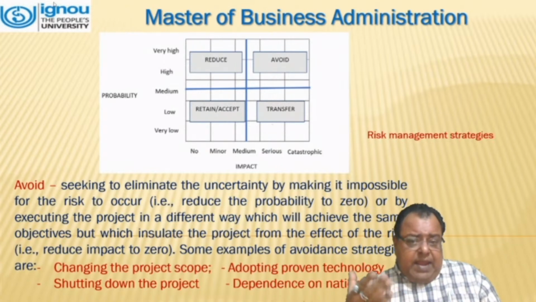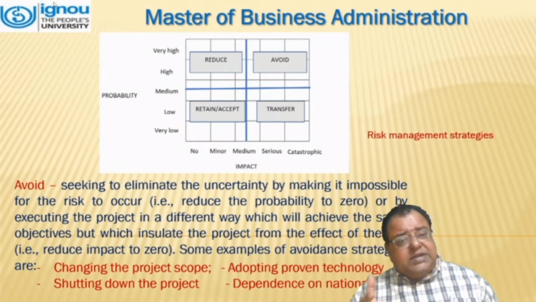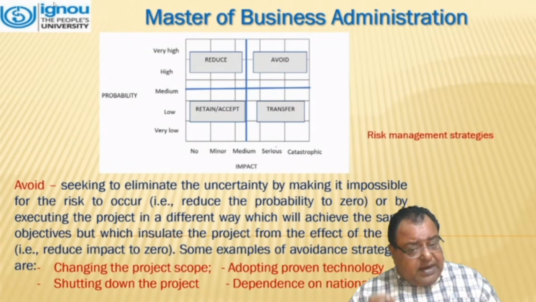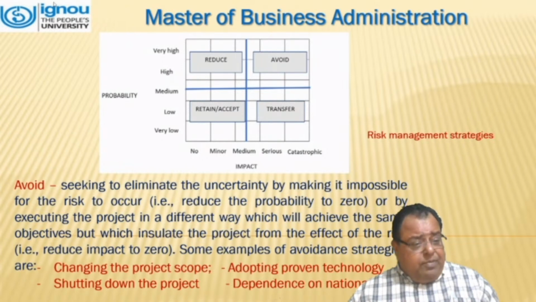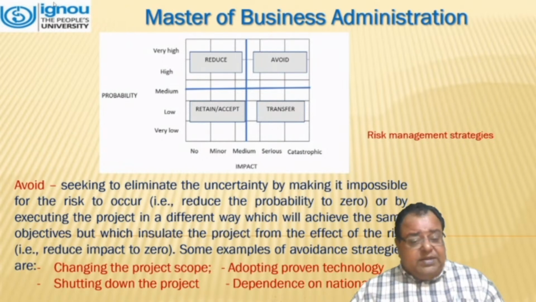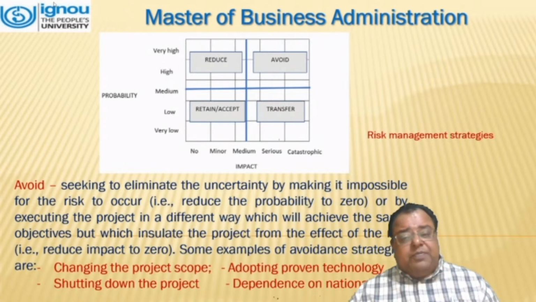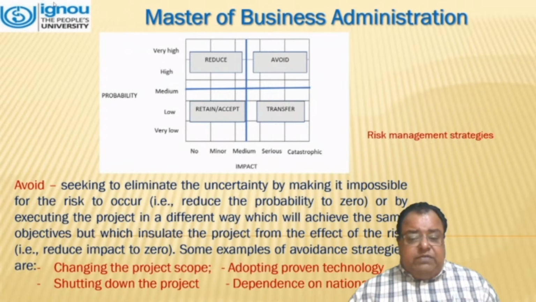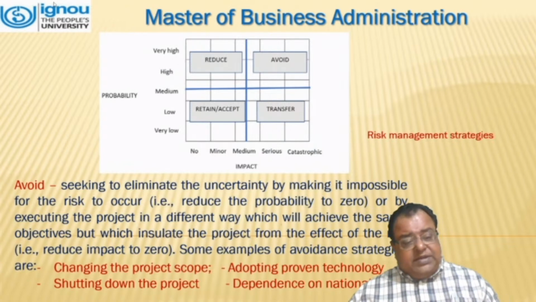Starting at the right corner, we see avoid. Those are the conditions where the probability is very high and it is a catastrophic condition. Seeking to eliminate the uncertainty by making it impossible for the risk to occur, that is, reduce the probability to zero, or by executing the project in a different way which will achieve the same objectives but insulate the project from the effect of the risk, that is, reduce impact to zero.